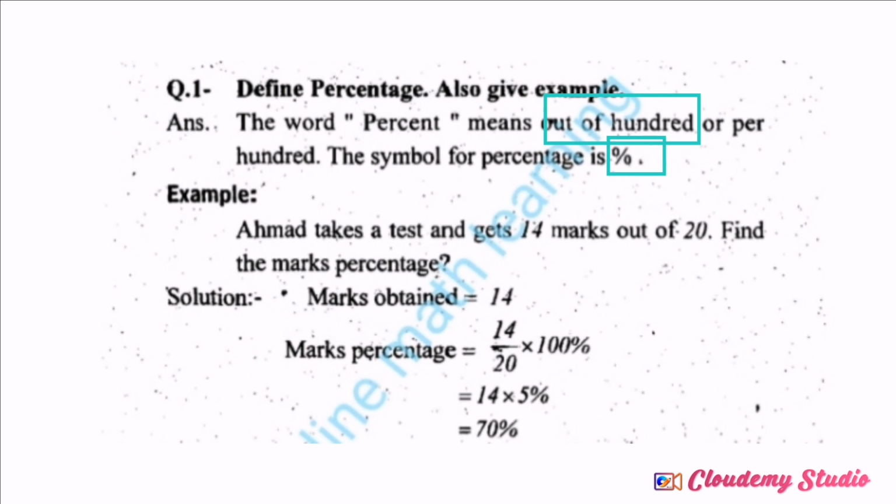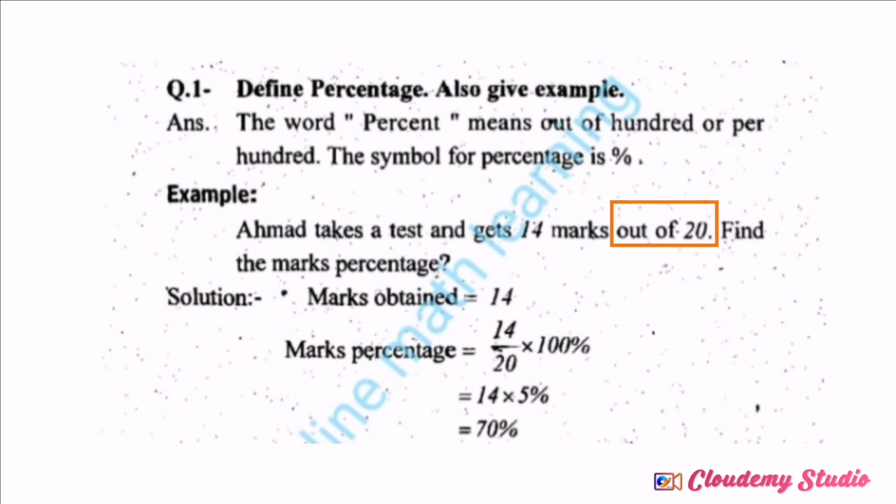Example: Ahmad takes a test and gets 14 marks out of 20. Find the marks percentage. Solution: marks obtained is 14.